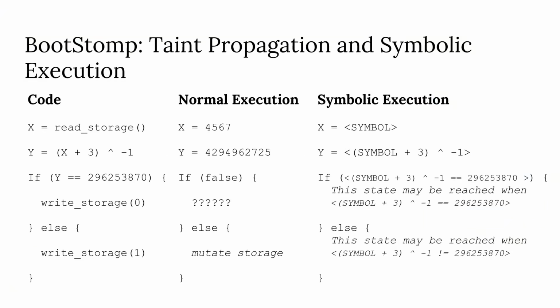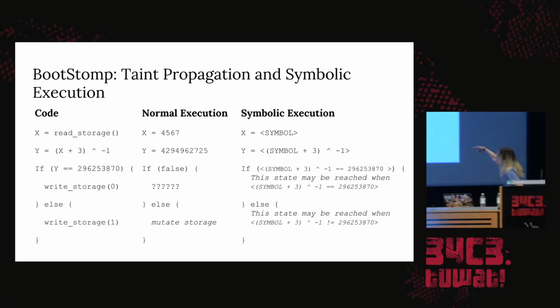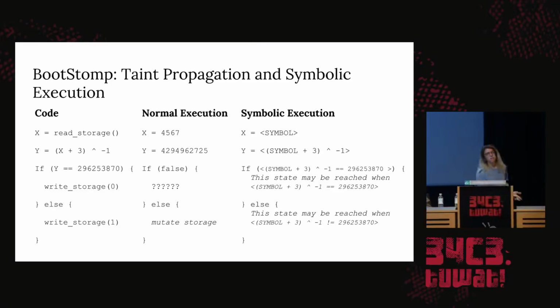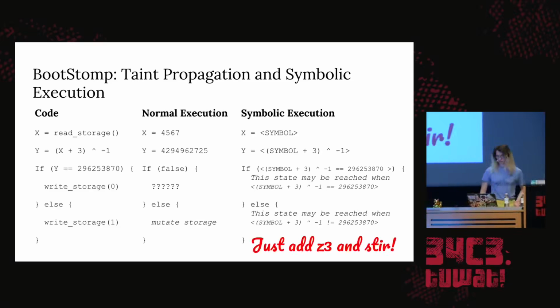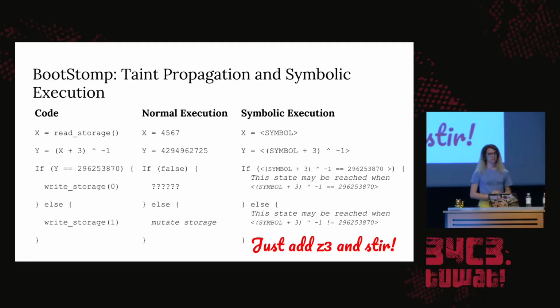When you perform operations on the symbols, you construct an abstract syntax tree of the behavior, and when you run into branch conditions based on those things, you can say, in order to get from point A to point B, this constraint must be satisfied. And of course, now you can just add Z3 and stir, and you have paths through the inputs to generate paths through the program.